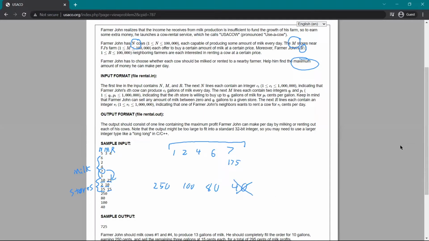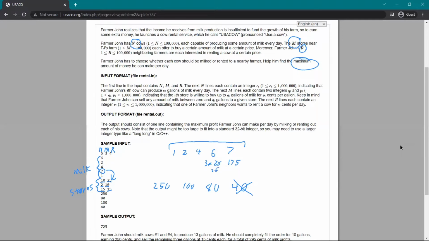Here you can see that the second most producing milk cow is 6 gallons. And we want to sell that to the highest paying store. And we can see here that we still haven't sold 10 gallons to the highest paying store. So if we do 3 times 25, we get 75.